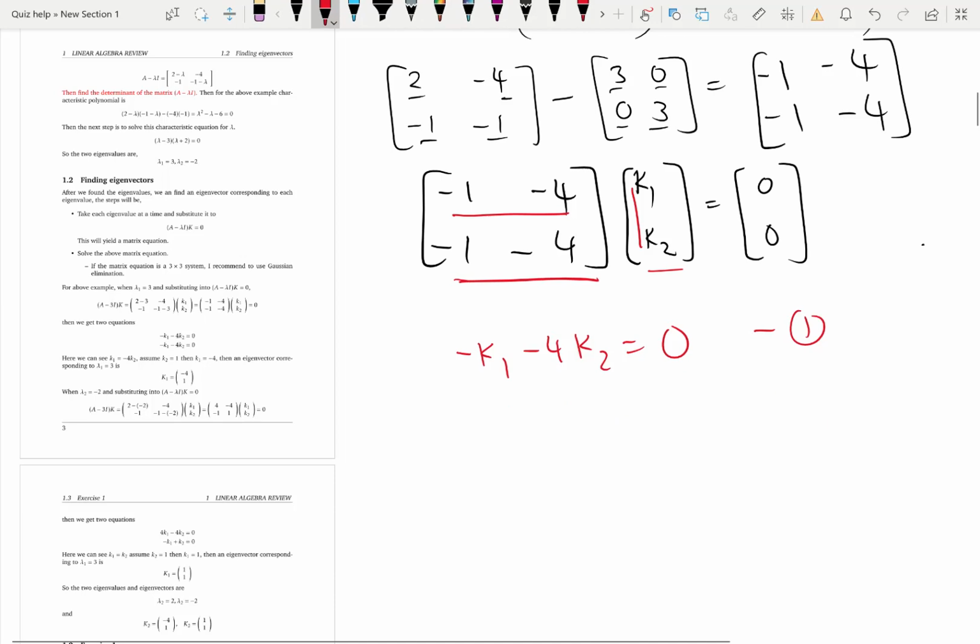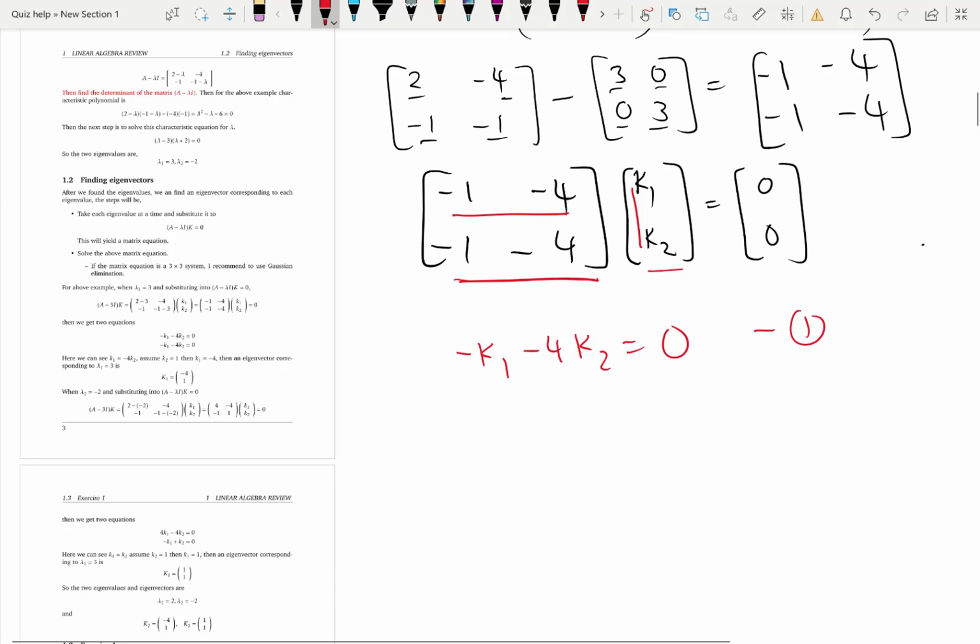We cannot solve for k1 and k2 because we don't have enough equations. We have 2 unknowns, but we don't have 2 equations. This is exactly the case every time. So don't expect to get fully solved, like this is my k1 and this is my k2. No, you're not going to get that.